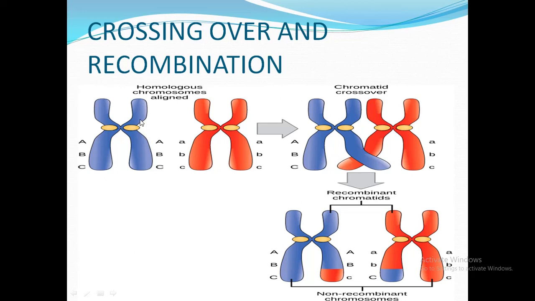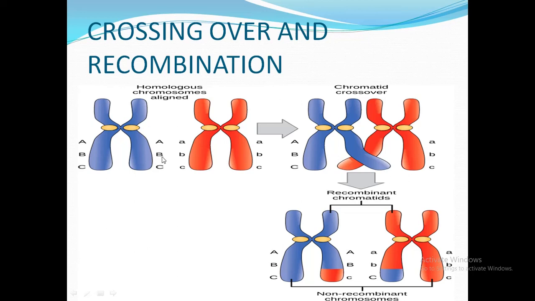Now these are a pair of homologous chromosomes. Allele capital A is the dominant allele, small a is the recessive allele. Both are present on the same loci. Allele capital A and small a are present at the same loci.